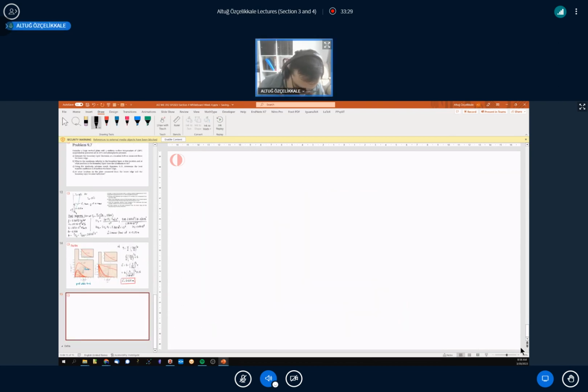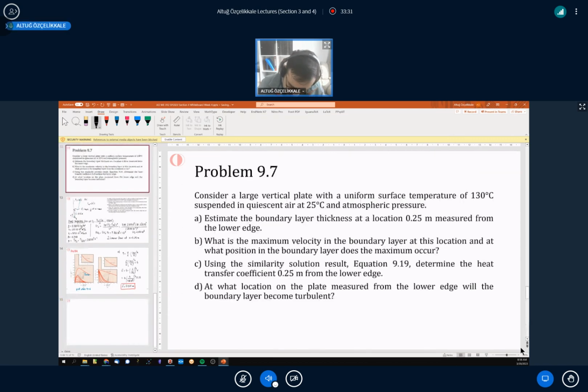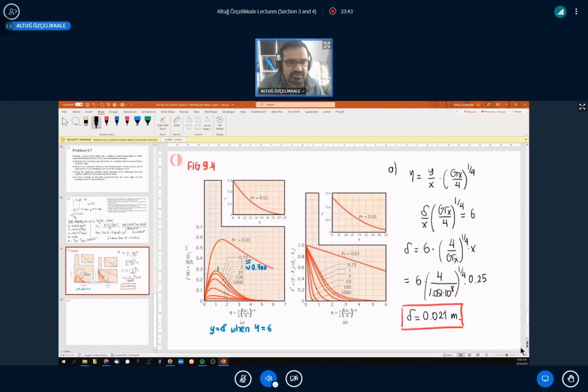In part B, you are being asked, what is the maximum velocity in the boundary layer at this location, and at what position in the boundary layer does this maximum occur? Again, we are going to take a look at this graph.